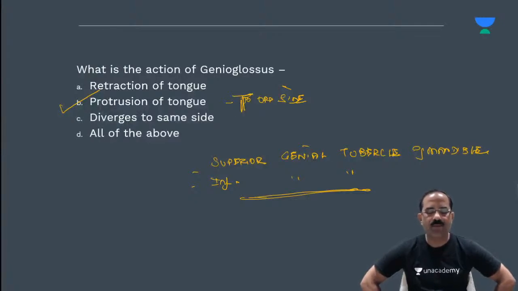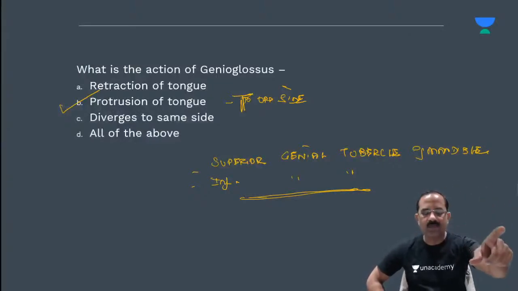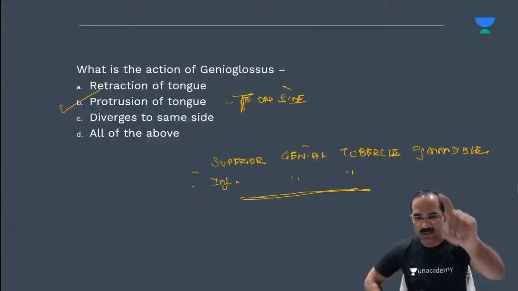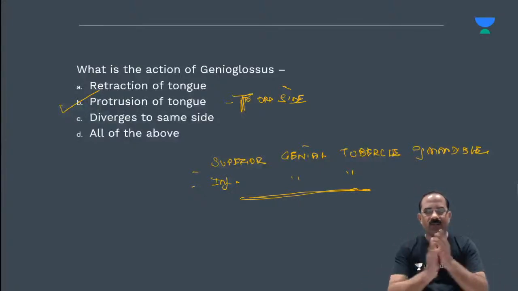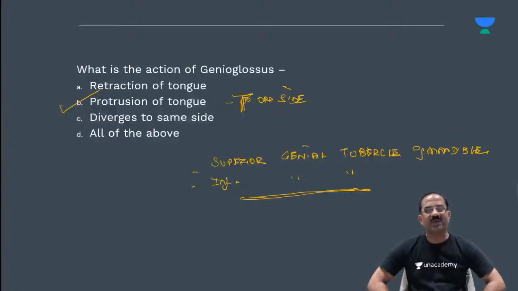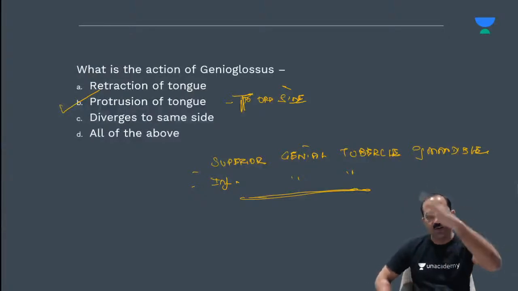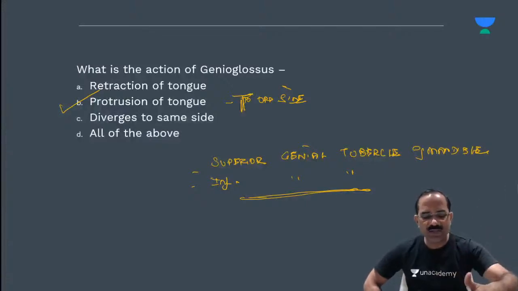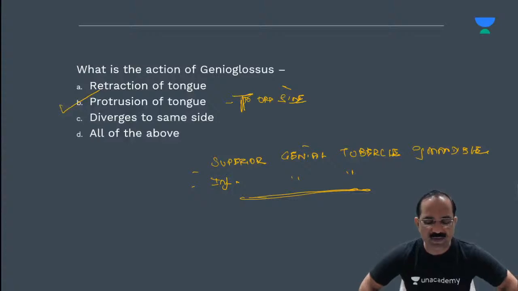Come on students. Styloglossus would come from the styloid process. From the superior genial tubercle comes genioglossus, so from the inferior genial tubercle it will also be genio. Now complete the sentence, genio.